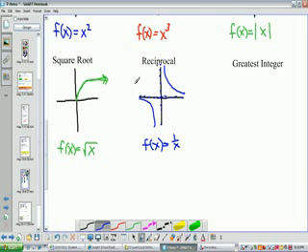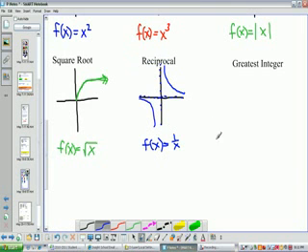It is an odd function. It's decreasing from negative infinity up to 0 and 0 to infinity. Make sure you recognize that domain. If I fold it along the x and then again on the y, it's symmetric, so it's symmetric about the origin. And it is an odd function.